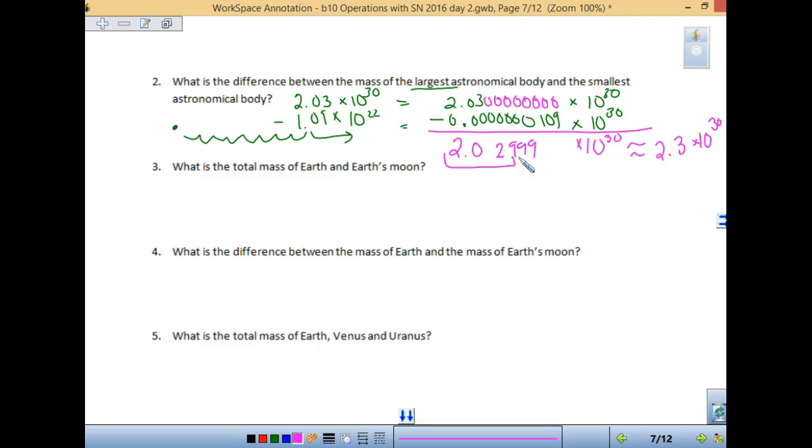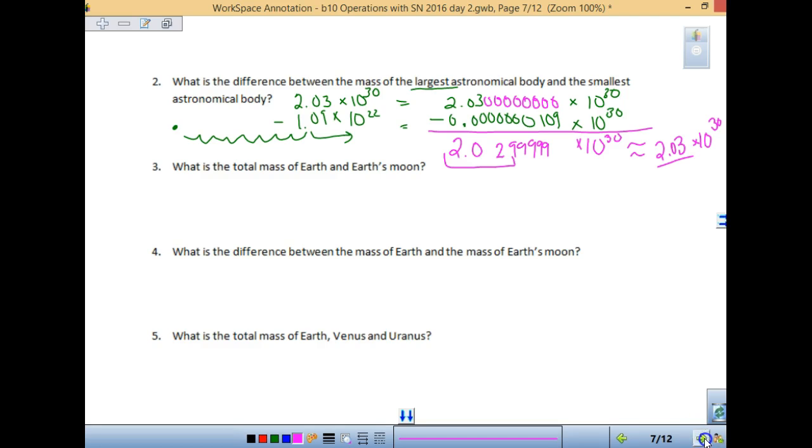But the key thing to keep in mind is that when it's off that much, we don't look at all these other 9s behind here. After a while in scientific notation, because it's such a big number, moving 30 zeros, we kind of think of it as just, oh, that's about the same, 2.03, okay?